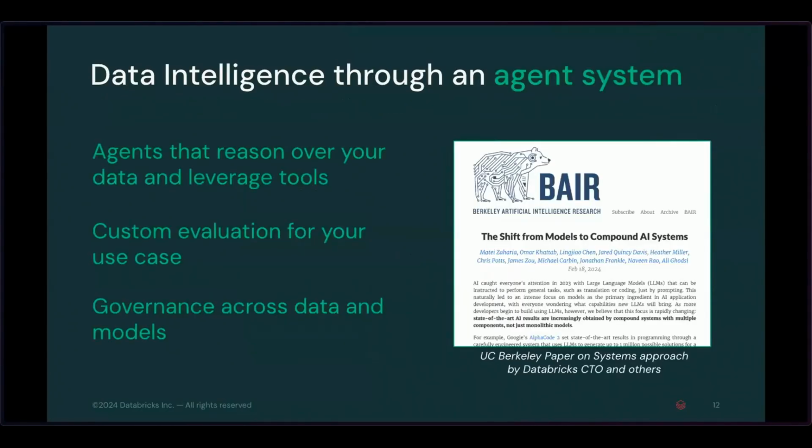So in this previous example, and at a lot of our other customers, we see teams realizing data intelligence through AI agent systems. So what is an AI agent system? This is going to be the focus of the remainder of this workshop today. AI agent systems move beyond deploying one extremely large model to deploying systems where a model is one component. And you have multiple components.